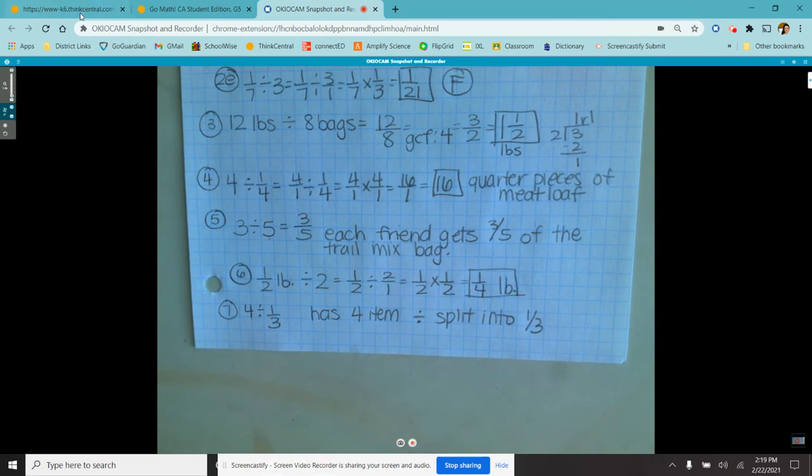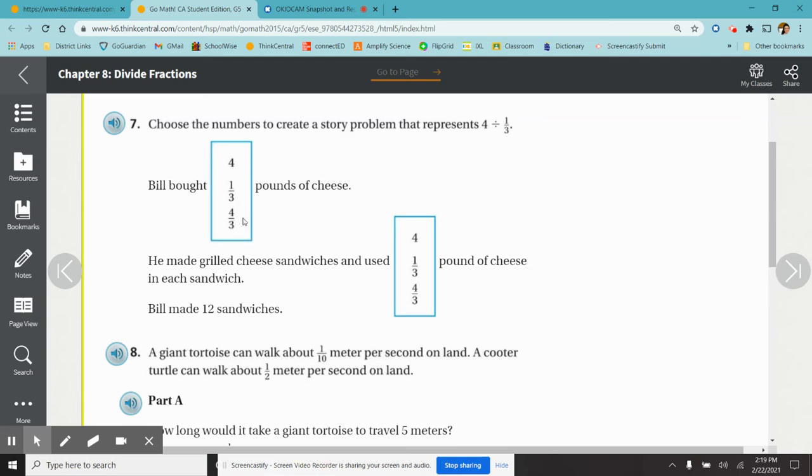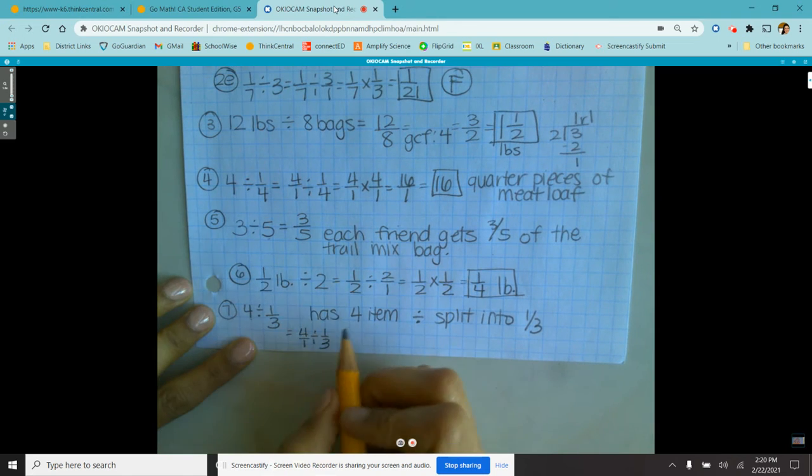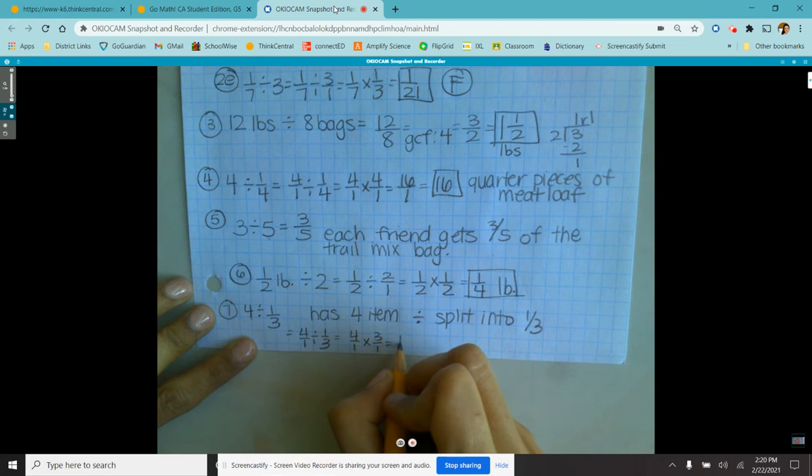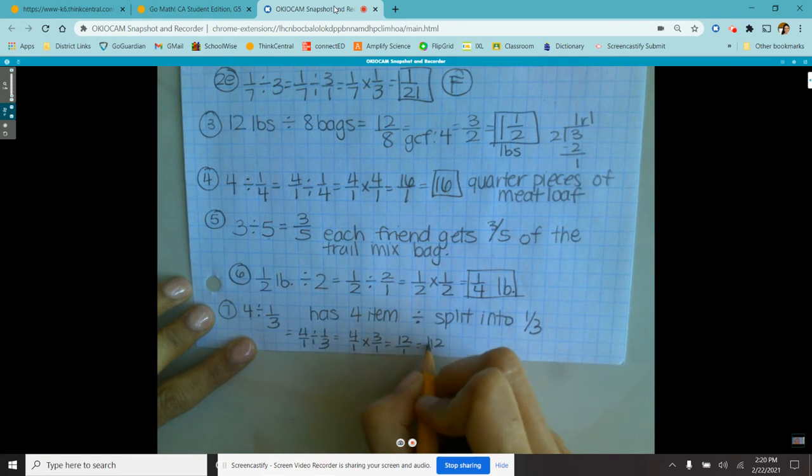All right, so if we look at the word problem, Billy bought 4 pounds of cheese. He made grilled cheese sandwiches and used 1/3 pound of cheese in each sandwich. How many sandwiches did he make? Well, we have to know that 4 divided by 1/3 multiplied by the reciprocal of the divisor is going to give you 12 over 1, or 12.